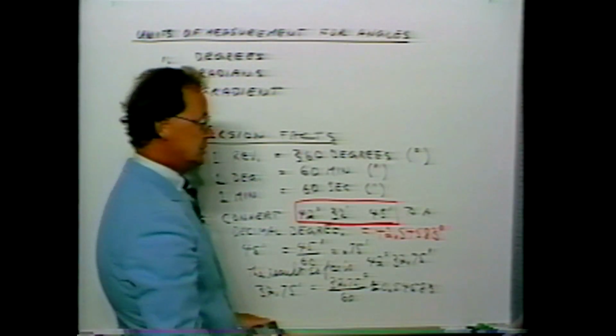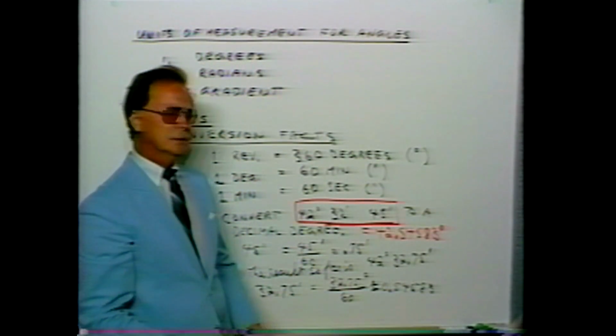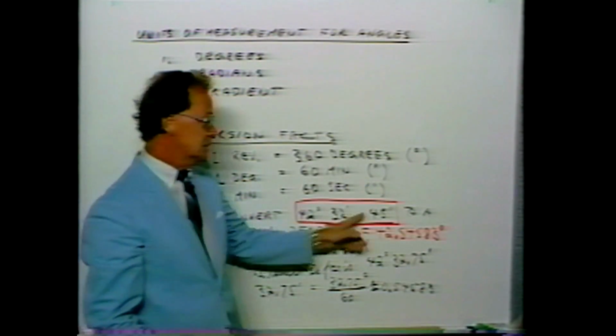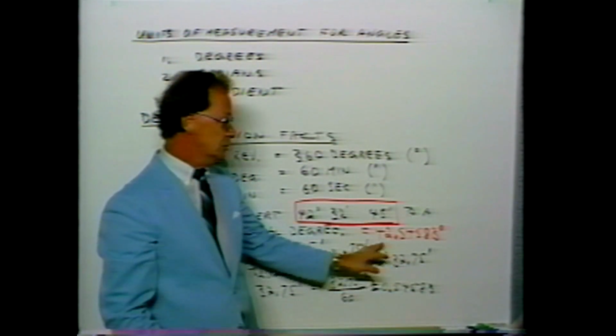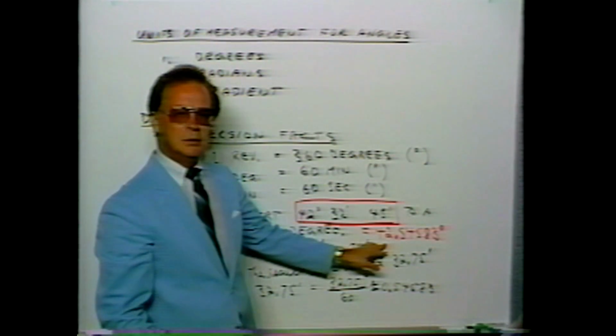Most calculators require that the size of an angle given in degrees, minutes, and seconds be converted to a decimal degree before you can make calculations.